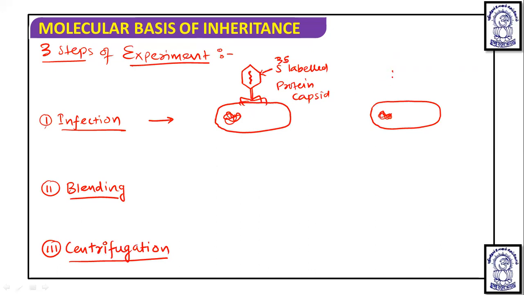But in another part, the bacteriophage containing P32 labeled DNA attacks the bacteria. So when they attack, they insert their DNA within them.